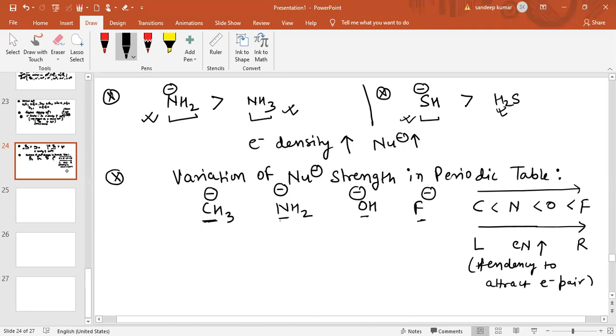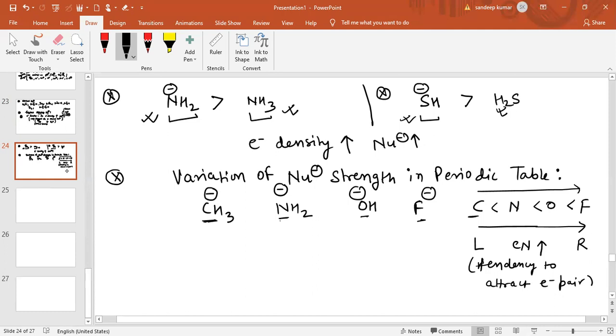So the negative charge on the fluorine atom will be more strongly attracted because of the higher electronegativity of fluorine, but the negative charge on the carbon atom is less attracted because of the low electronegativity of carbon.